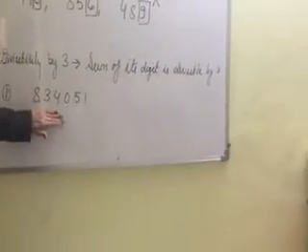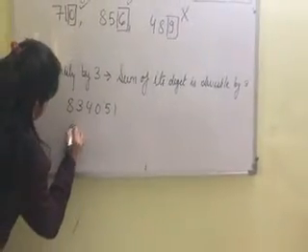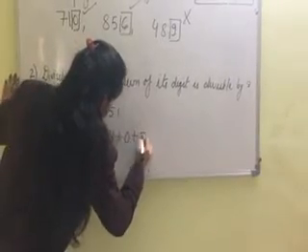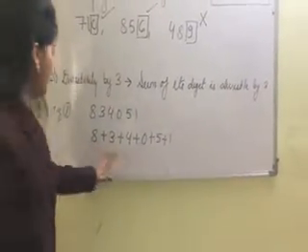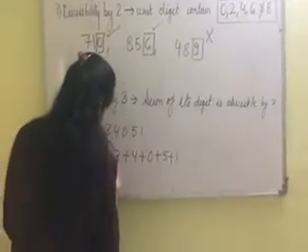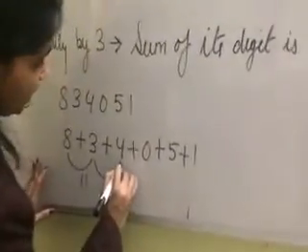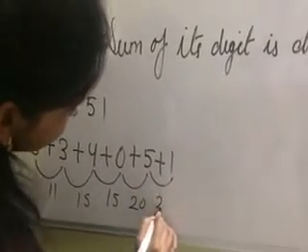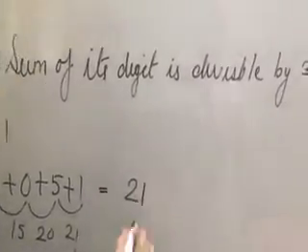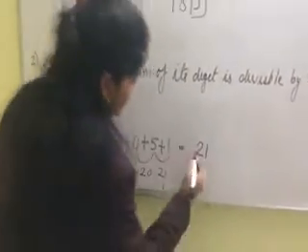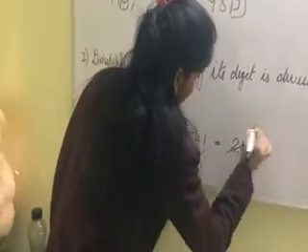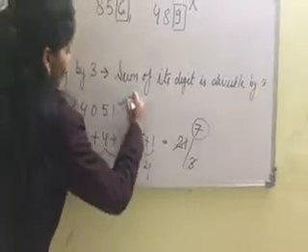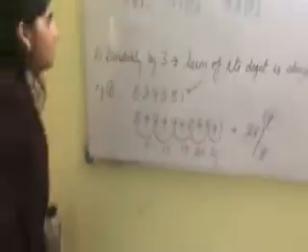Sum of its digits means addition of all digits: 8 plus 3 plus 4 plus 0 plus 5 plus 1. Add all. 8 plus 3, 11. 11 plus 4, 15. 15 plus 0, 15. 15 plus 5, 20. 20 plus 1 is 21. Is 21 divisible by 3? Yes. 21 divided by 3 is 7 times. So, this number is divisible by 3. Now, divisibility by 4.